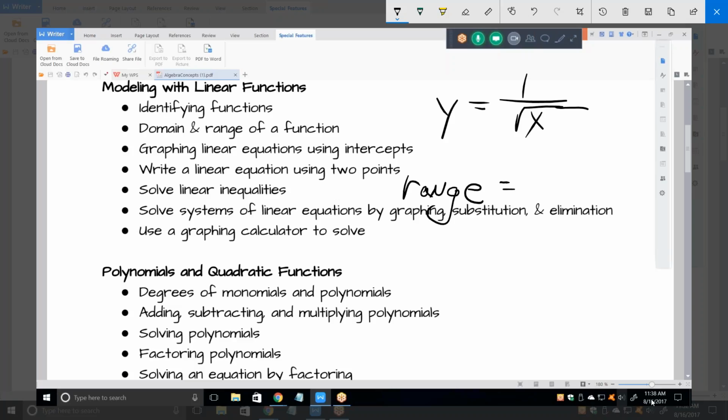So no matter what value I put in for x, I can never make y equal to 0. So the range right off the bat looks like it's at least that big of a restriction. Y is going to have to be greater than 0. We've already decided it can't be negative, can't be 0. And it turns out that, yes, it can be any number above 0.